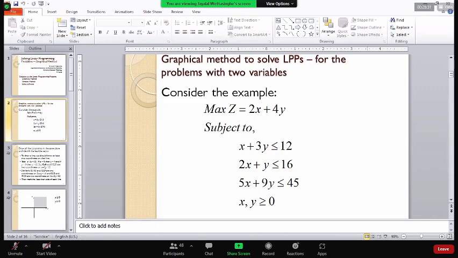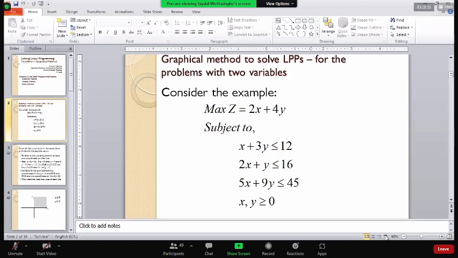Okay, so we'll restart. Sorry for the problem that occurred due to our failure. So we'll quickly do one example. So this was the example that I was talking about.